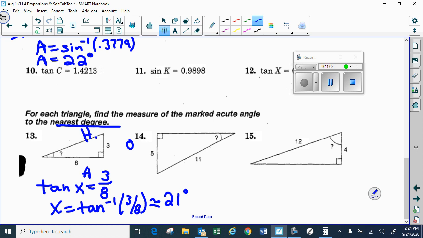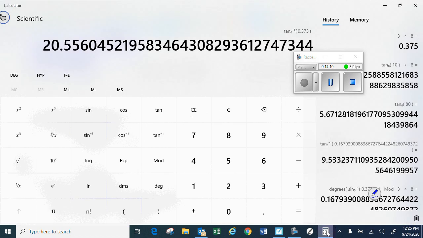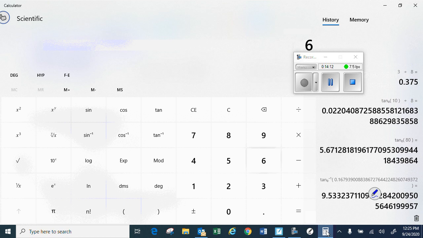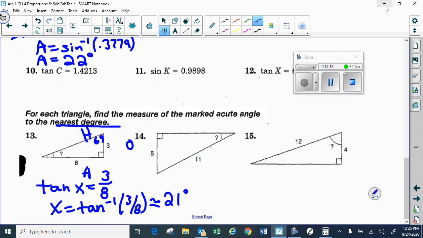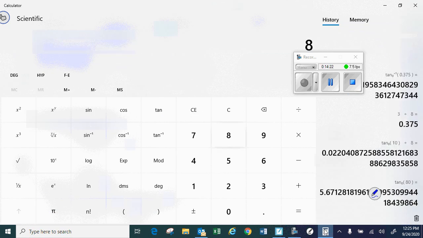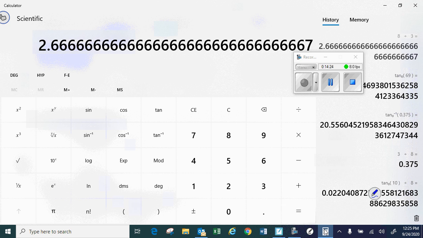So that makes this 69 degrees, approximately. So if I do tangent of 69, I get 2.6 approximately. And when I do 8 divided by 3, notice I get 2.6 repeating.